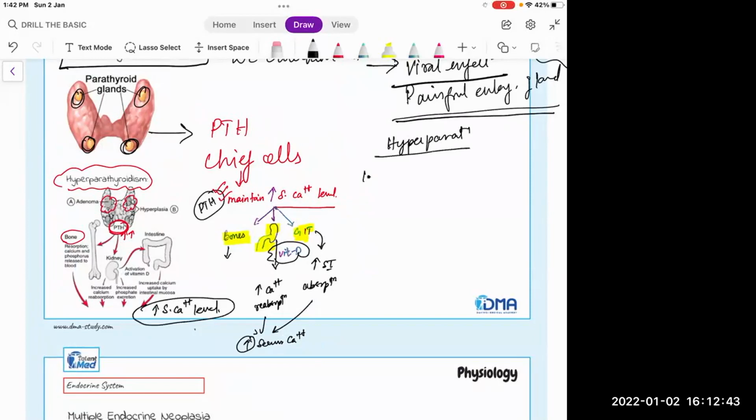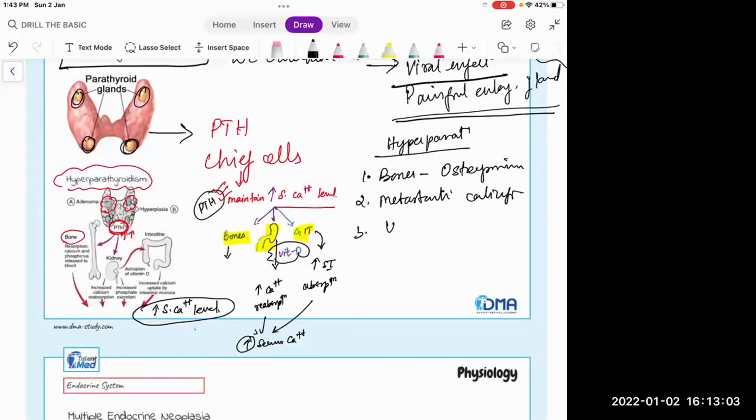But in the bones, excess of calcium will lead to demineralization and osteoporosis. In the soft tissues, there will be metastatic calcification.